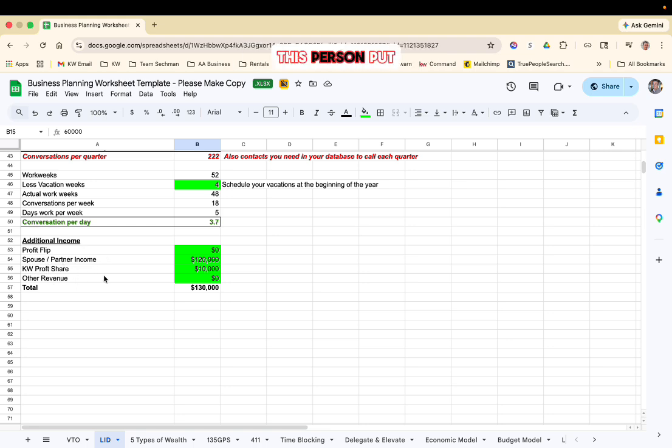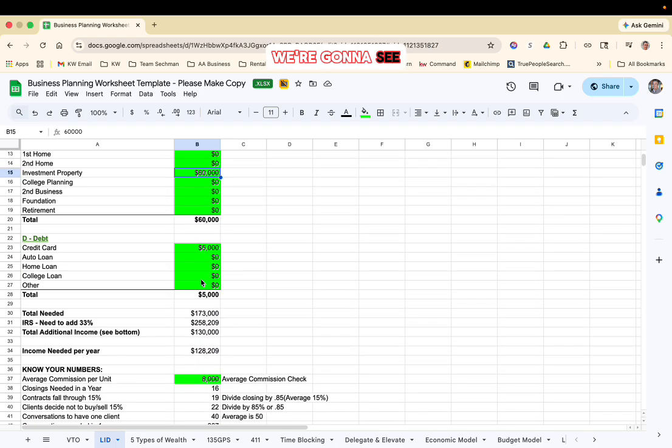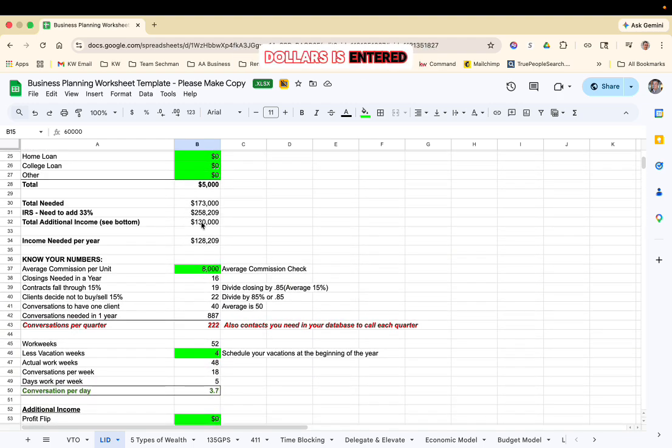So you'll see this person put $130,000 in here as well. If we come back up here, we're going to see that the $130,000 is entered. So we've taken the total needed, added the 33%, and then subtracted out the total additional income that's coming in to give us a total income needed per year of $128,209.